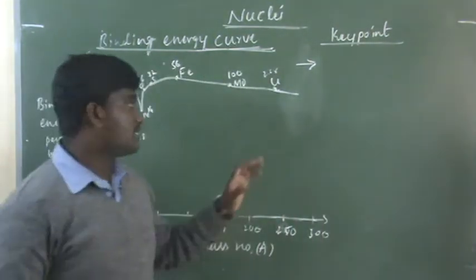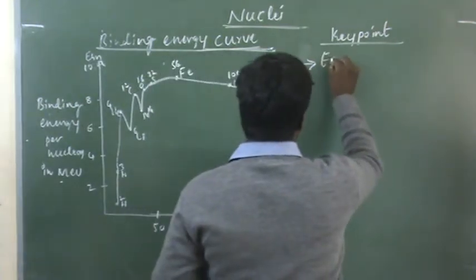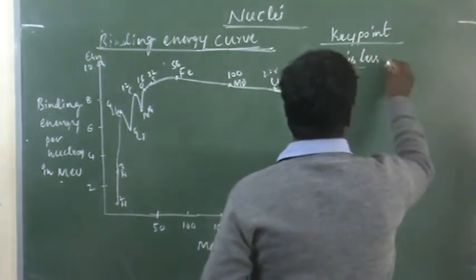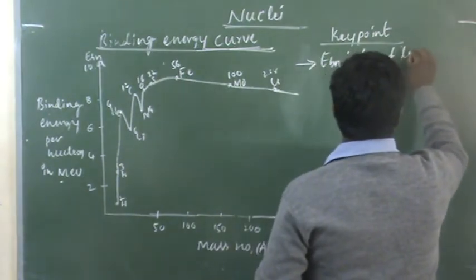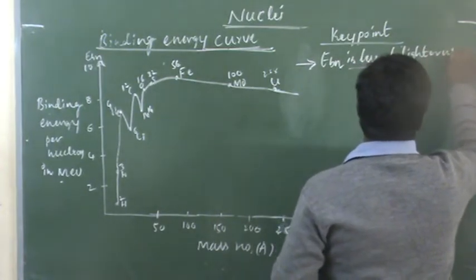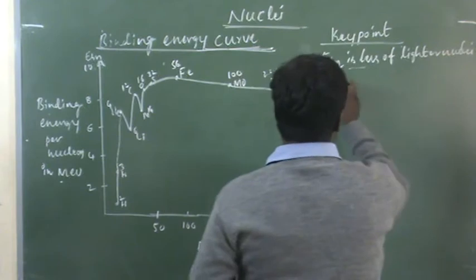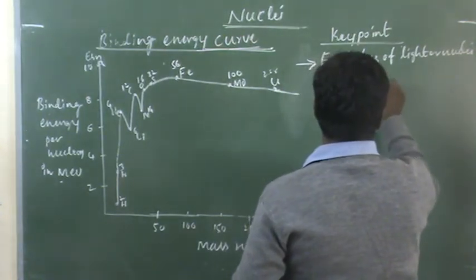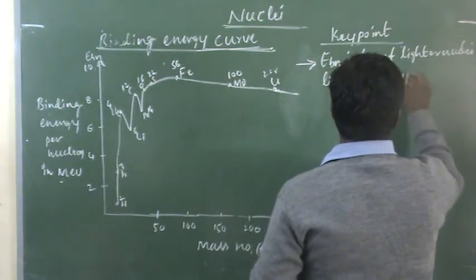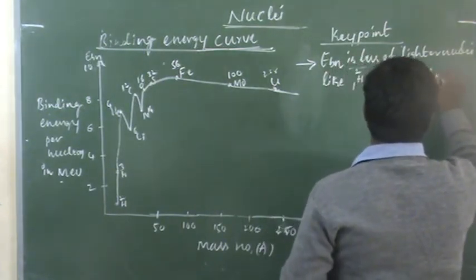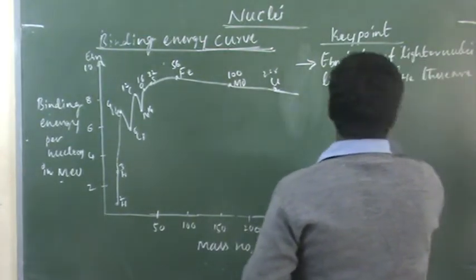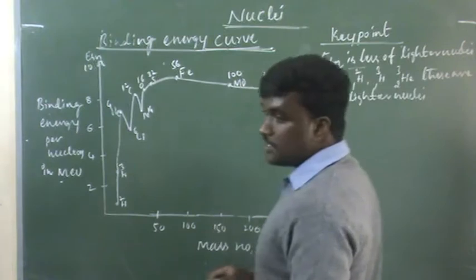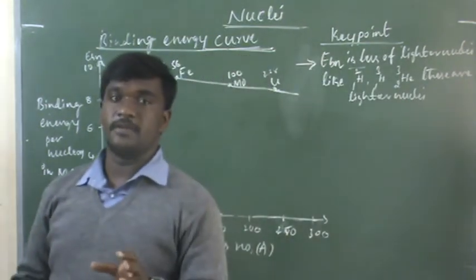The first key point: binding energy EBN is less for lighter nuclei, like 1H2, 1H3, 2He3.